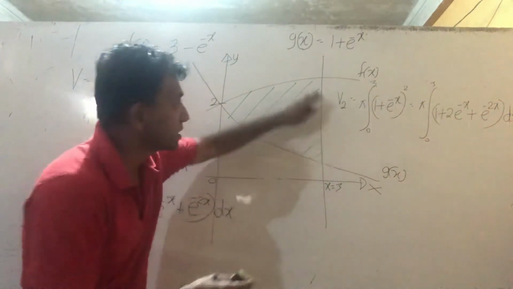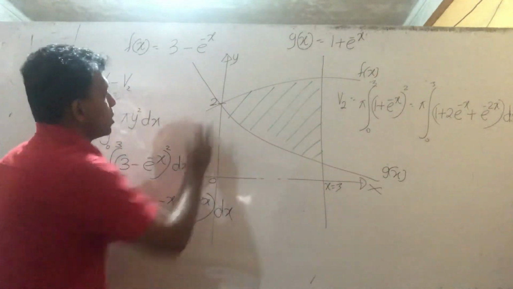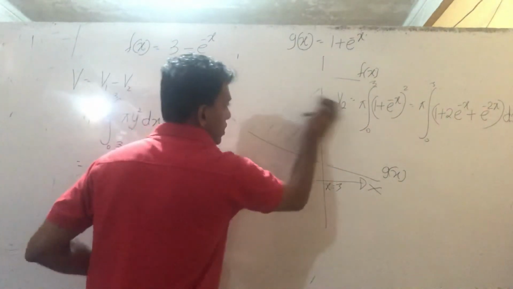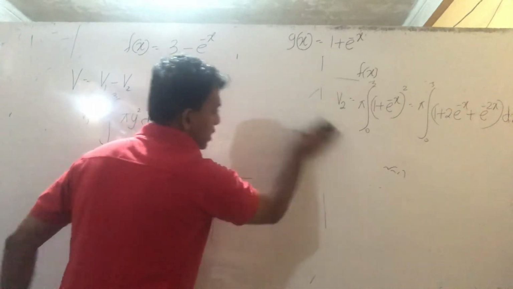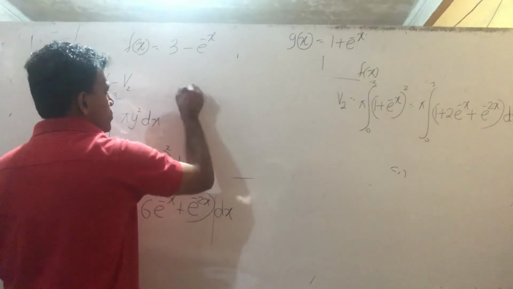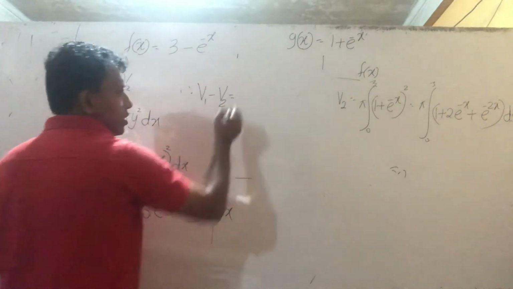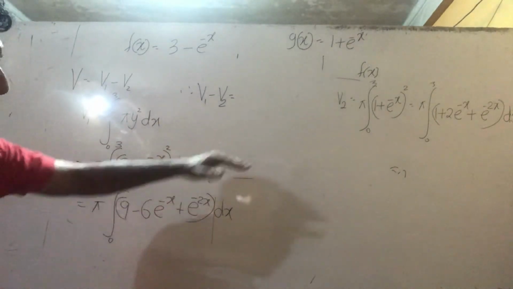This is the answer they asked: the difference between V1 and V2. Therefore V1 minus V2. You can subtract because it is the same boundary.